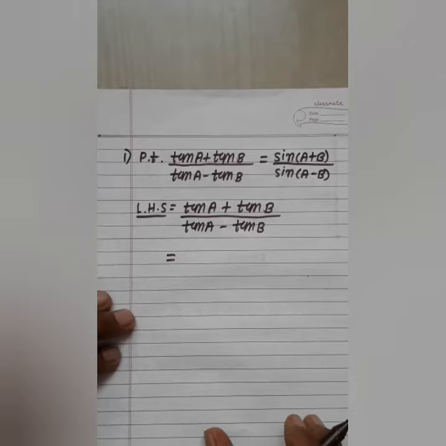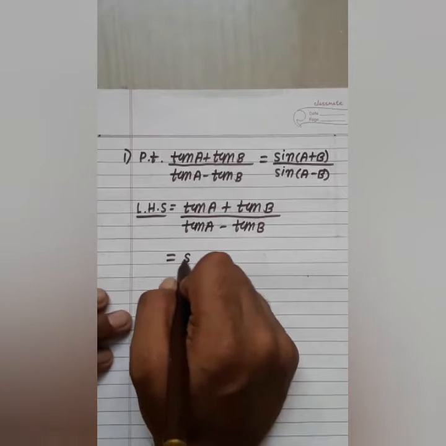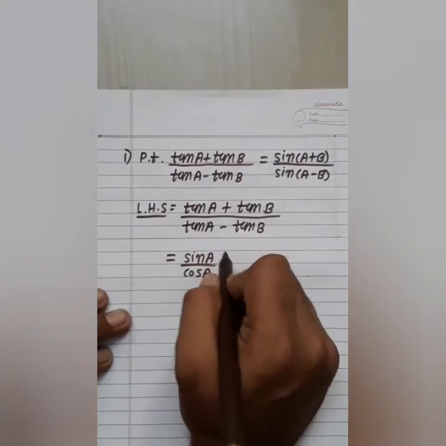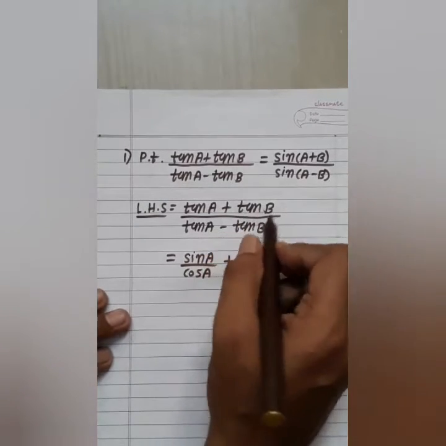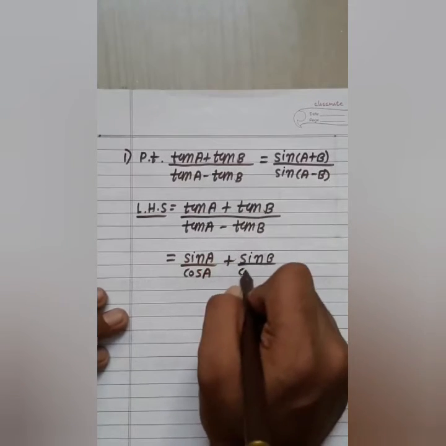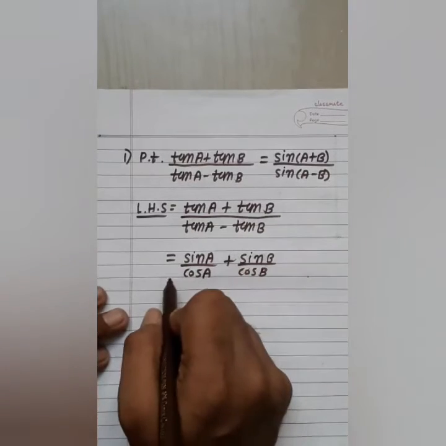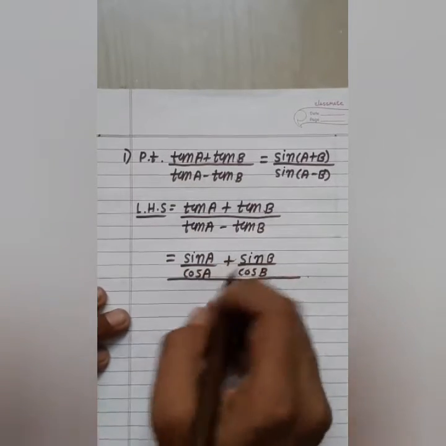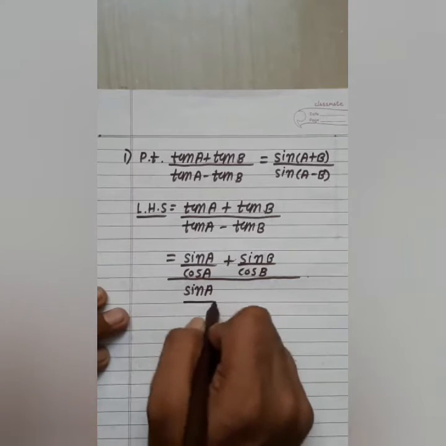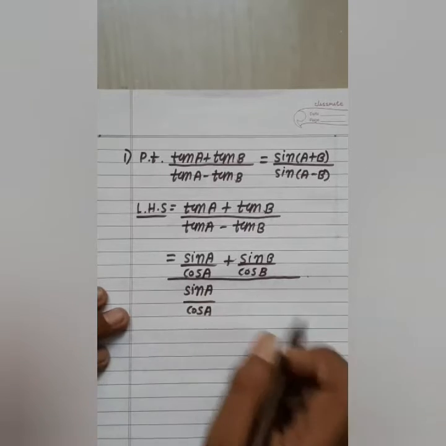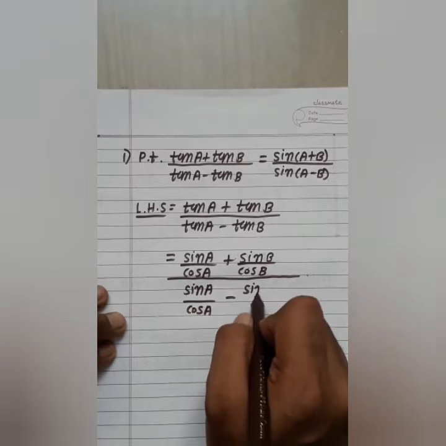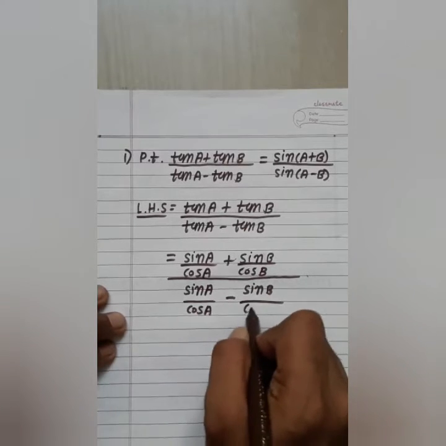So in place of tan A we write sin A upon cos A, and tan B becomes sin B upon cos B. In the denominator we apply the same formula: sin A upon cos A minus sin B upon cos B.